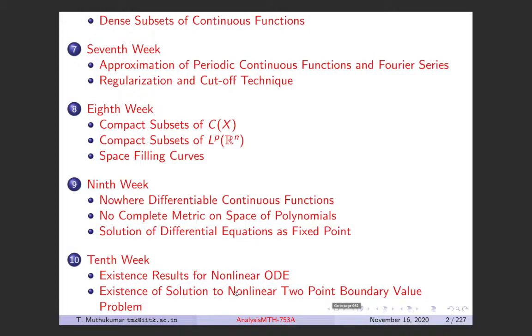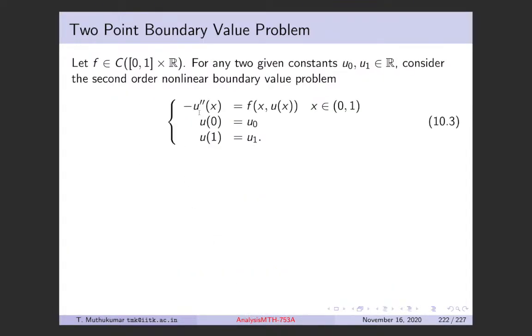In an initial value problem, you have an ODE and you are given the value of u at a fixed point, like x naught or say 0 in this case, and then the derivative of u is given at 0.